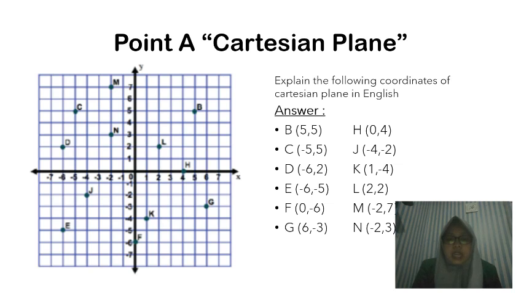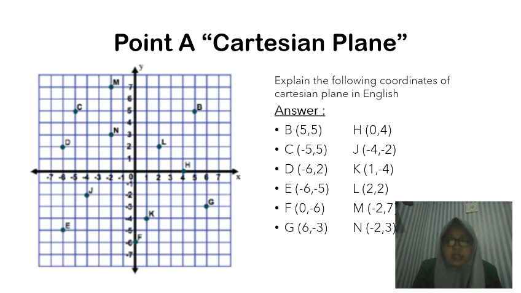And C, the coordinates of point C are go back along the x-axis 5, then go up 5. The coordinates of point D are go back along the x-axis 6, then go up 2. The coordinates of point A are go back along the x-axis 6, then go down 5.